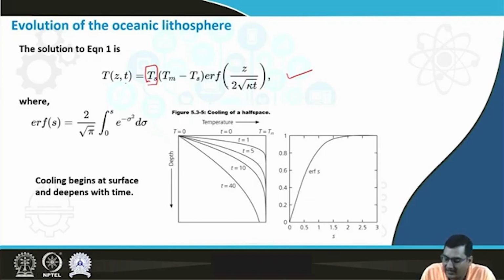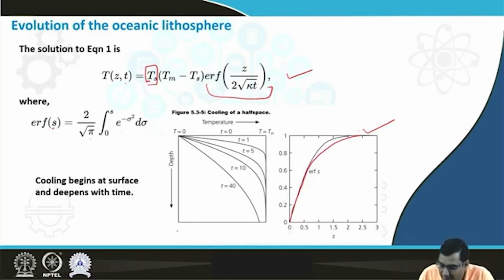The error function of s can be represented as 2 over root pi, integral 0 to s of e to the minus sigma squared d sigma, and its behavior looks something like this. As s moves from 0 to 3, the value of the error function reaches 1.